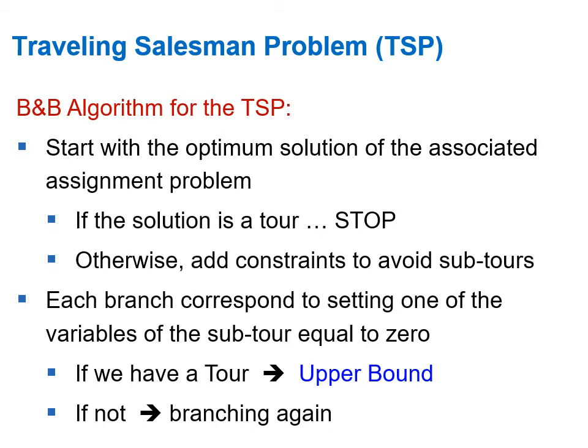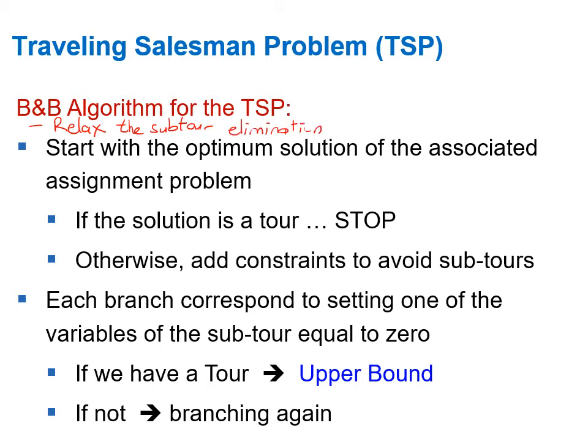Okay, so let's first see the steps of this algorithm, and then we are going to solve our example using it. First, we relax the subtour elimination constraints. In fact, it is not written here, but I can write it as the first step. When I say relax, I mean just ignore or delete the subtour elimination constraints.